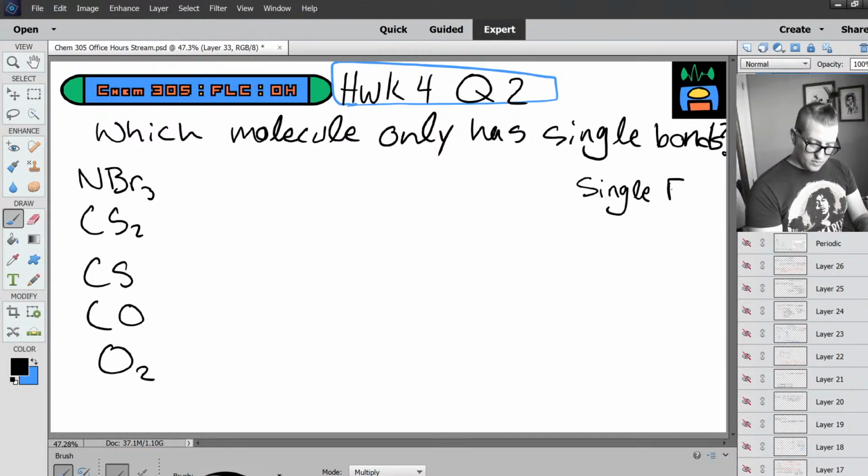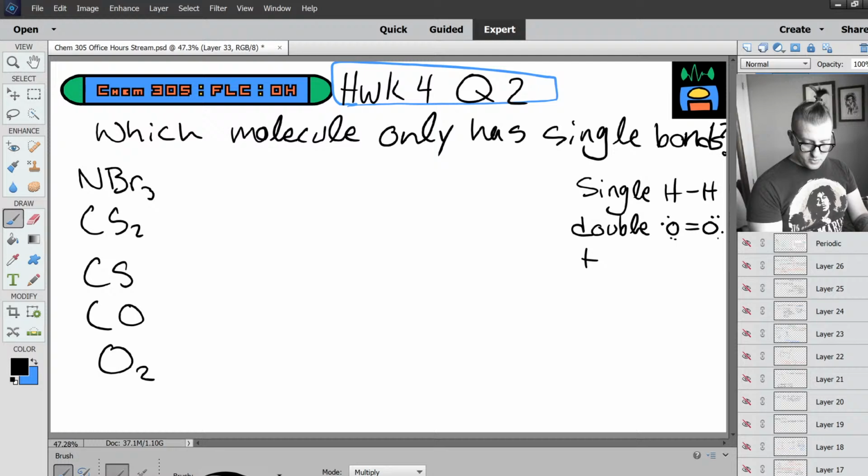Quick reminder. A single would be like this, or here. Let me go even simpler. It's a single. A double would be like O2. And a triple would be like N2.